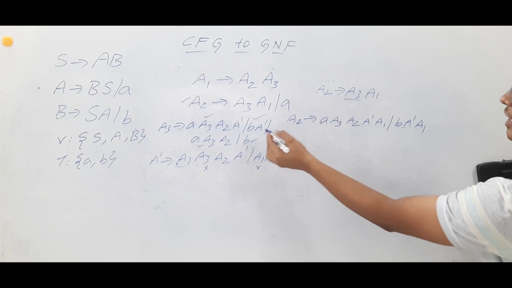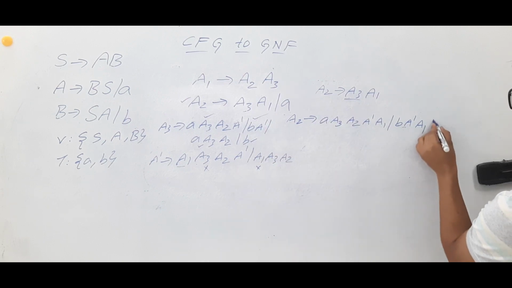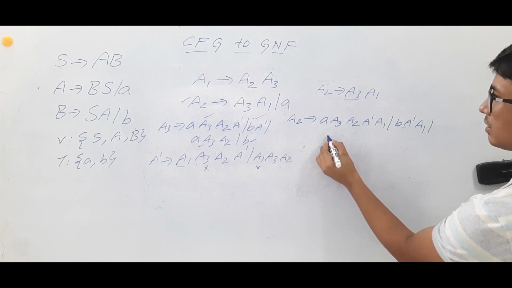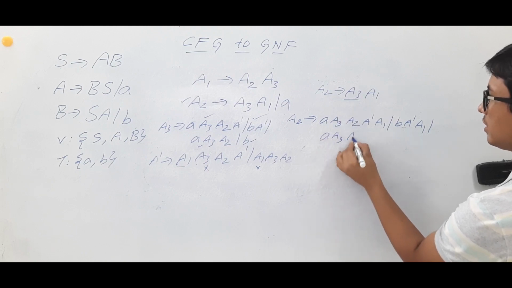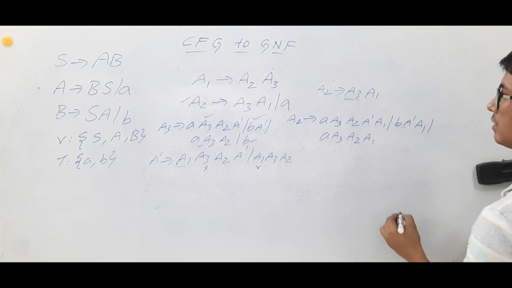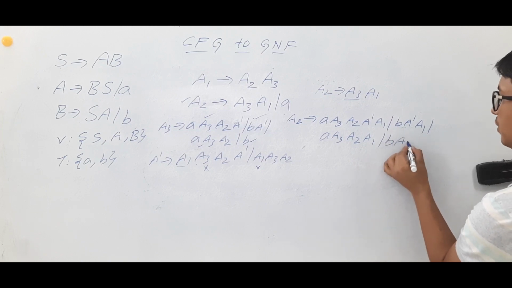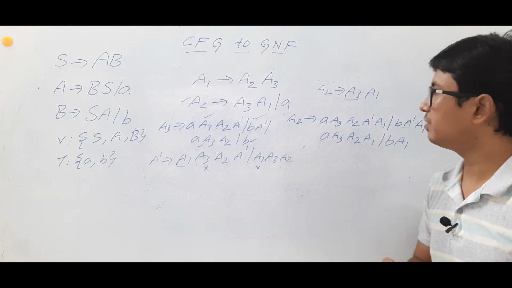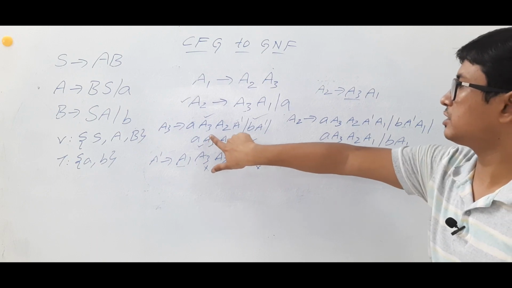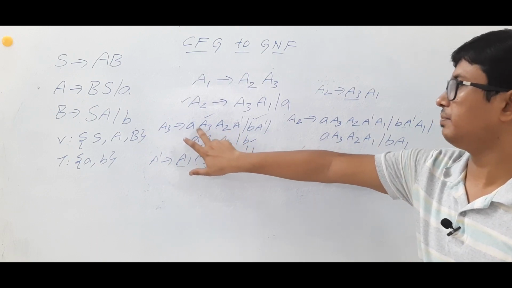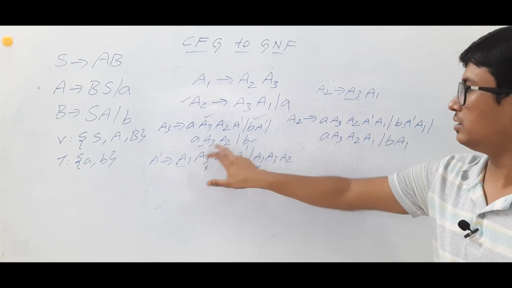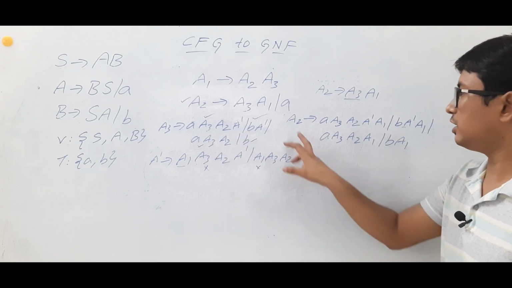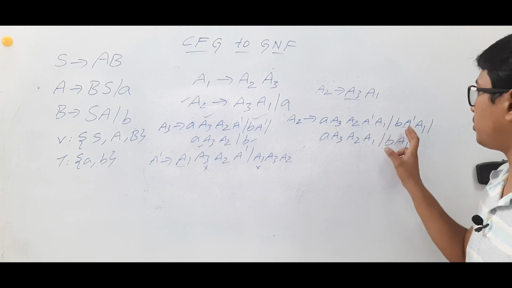In place of A3 I am keeping them. Or A, A3, A2, A1. Or B, A1. See, in place of A3 I kept these three productions. If I keep this one, I got this one. Now if you see, A2 has four productions.